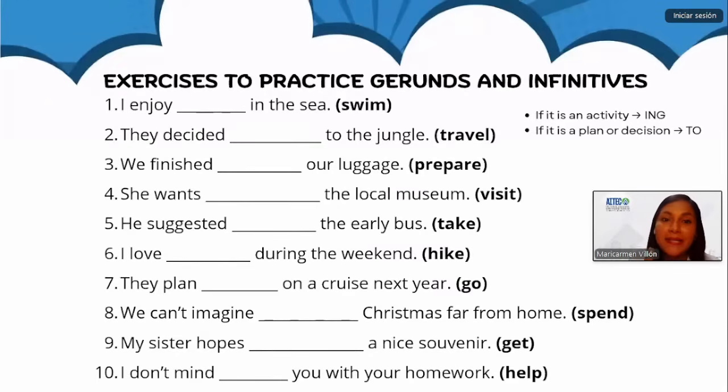Usted me va a decir si es swimming o to swim, ¿sí? Atentos. Ya. Entonces, veamos. Dice, I enjoy in the sea. So do you think is I enjoy swimming in the sea or I enjoy to swim in the sea? Los leo.